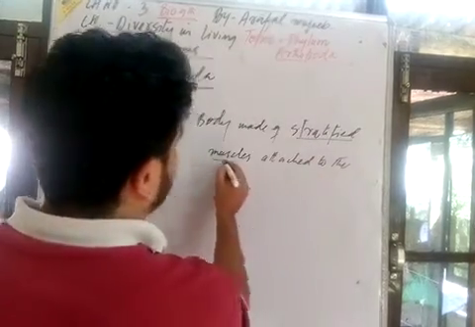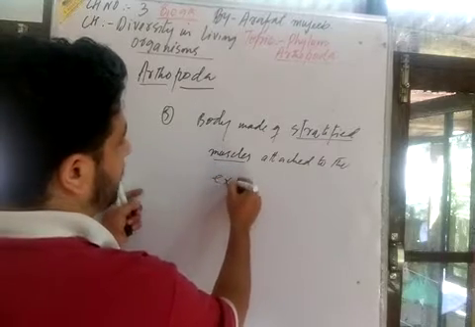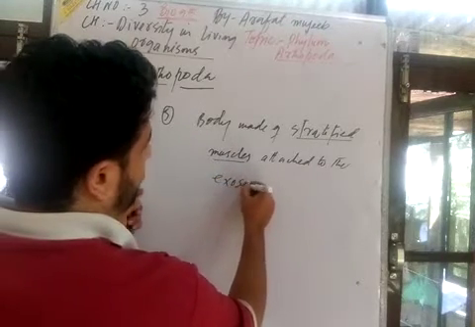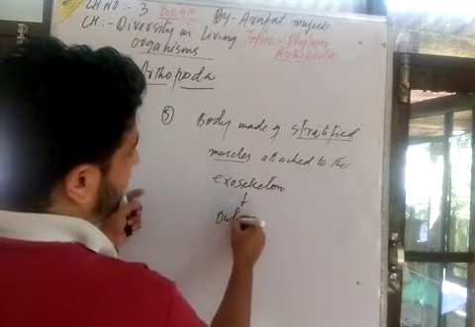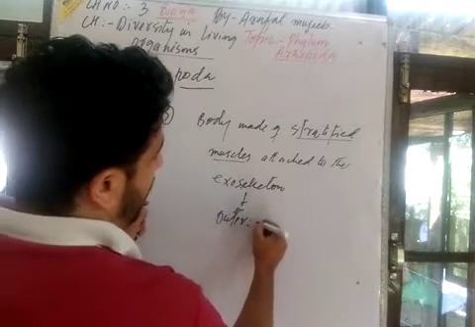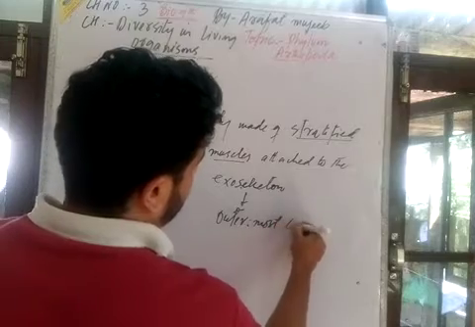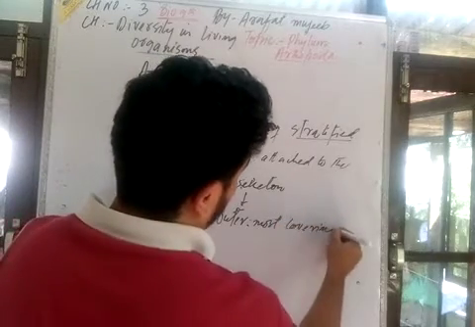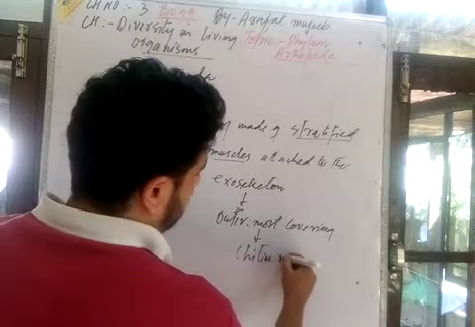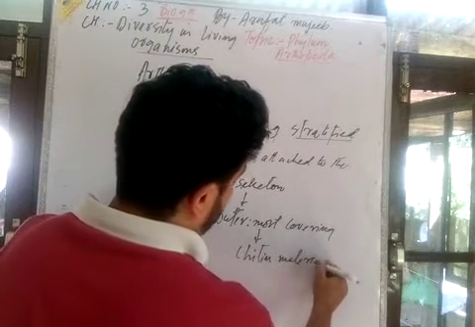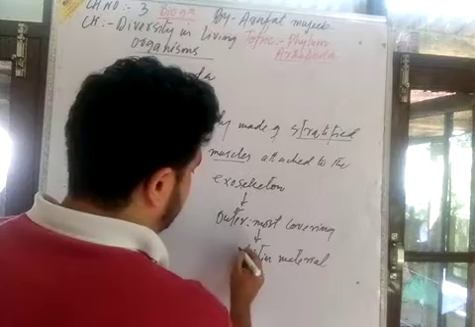Stratified body muscles attached to the exoskeleton. जो exoskeleton क्या है? हमने देखा in insect there is the outermost covering. This is the outermost covering made up of the chitin material. Chitin material से बना हुआ है.